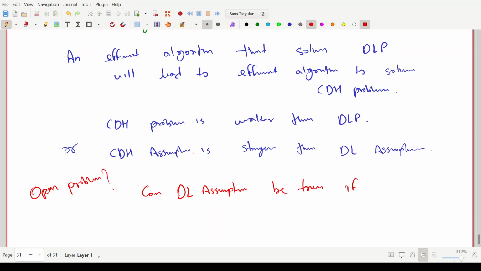If the CDH assumption is false, that means if you are able to solve the CDH problem in probabilistic polynomial time, can you solve the DLP problem?